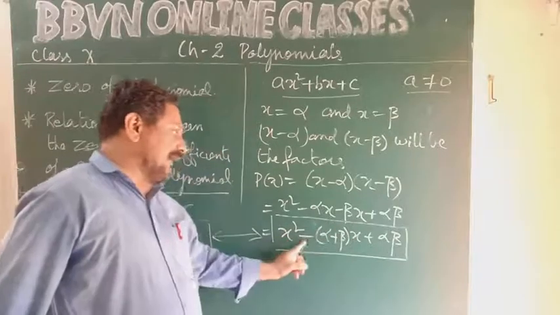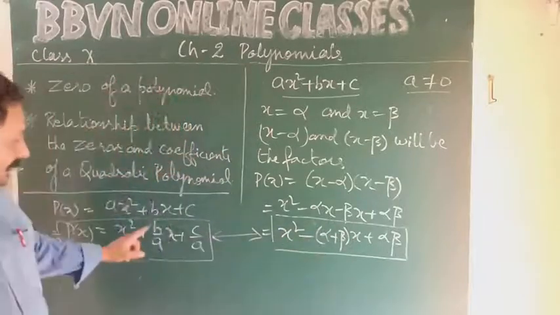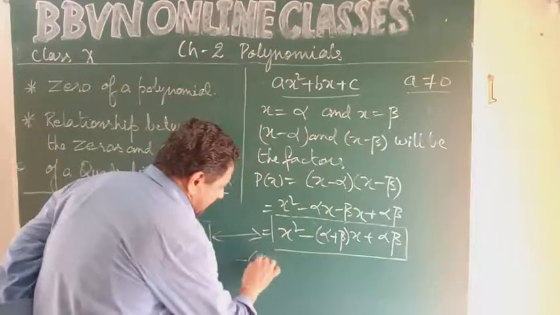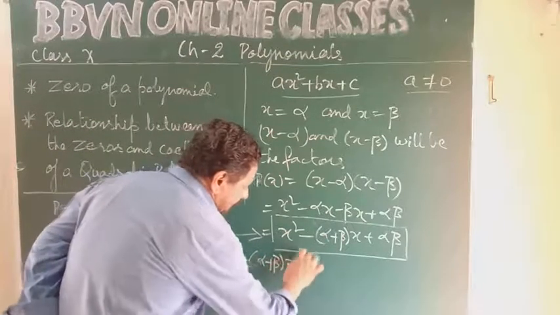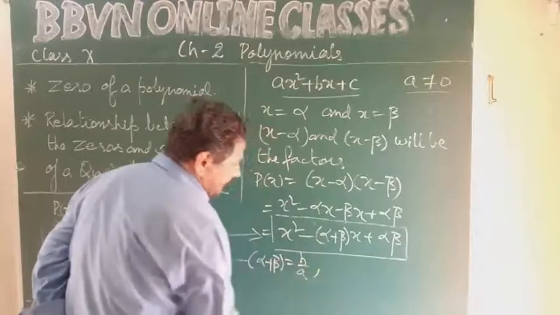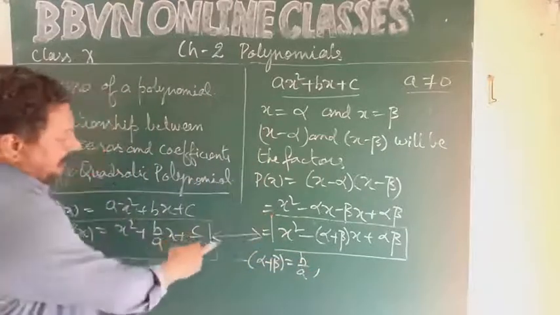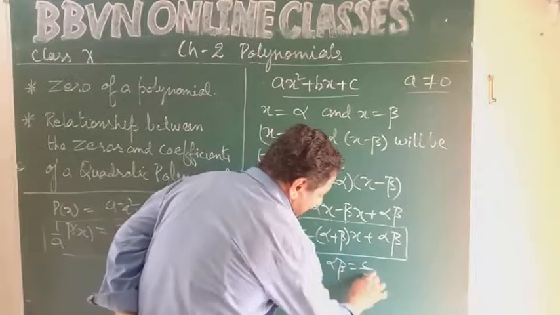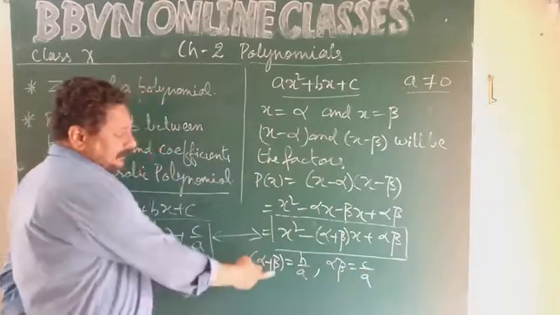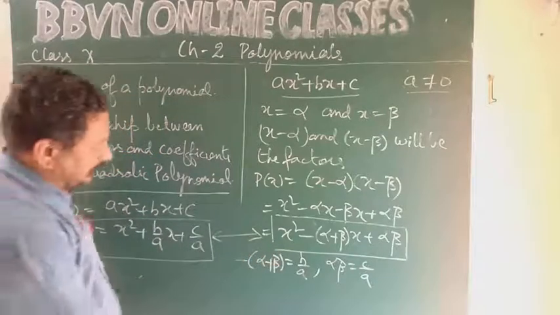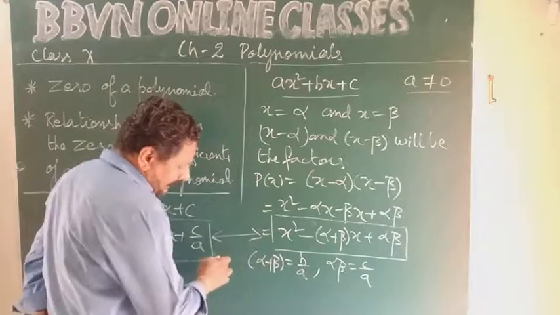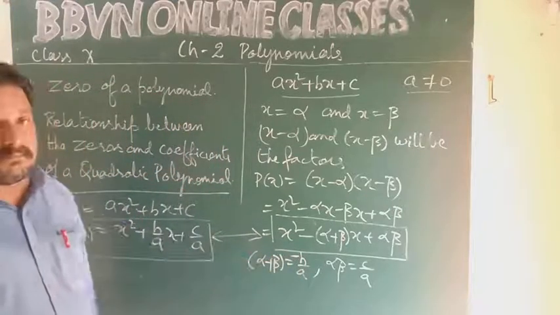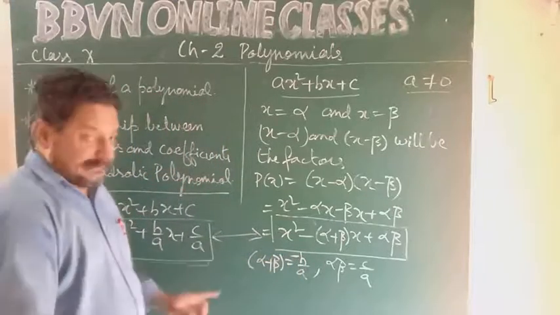Coefficient of x is minus alpha plus beta, and here it is b upon a. So we can say minus of alpha plus beta equal to b upon a, and c upon a is equal to alpha into beta. Alpha into beta equal to c upon a. If minus of alpha plus beta equal to b upon a, then I can take this negative sign here: alpha plus beta equal to minus b upon a, right?